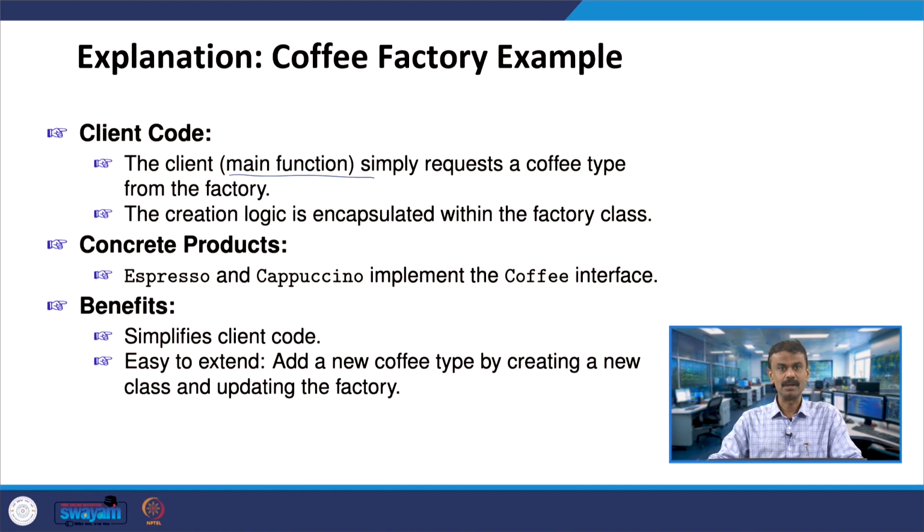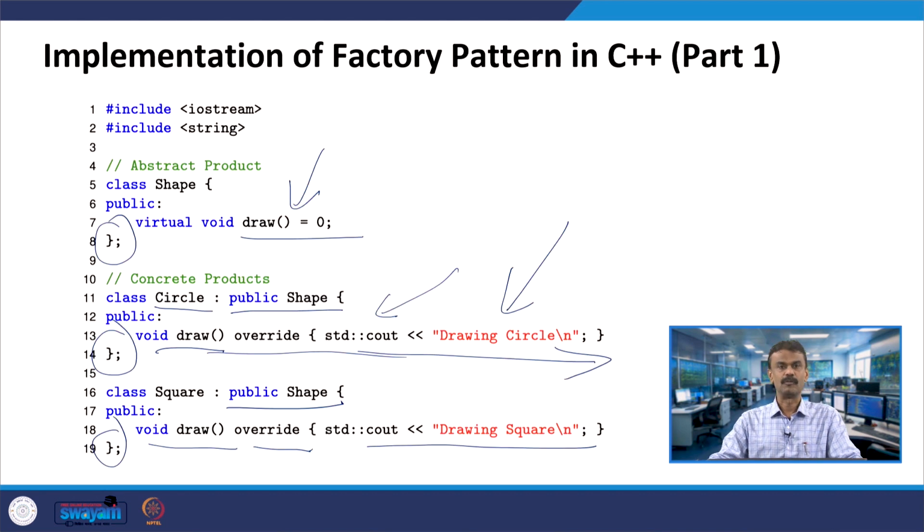Another one, mathematically, is some shape, let us say circle or square. Now you can understand how the factory pattern in C++ is working. So, we have done two different implementations. With this, I will conclude this lecture, and we will see the same factory pattern example in Java in the next lecture. Thank you very much.